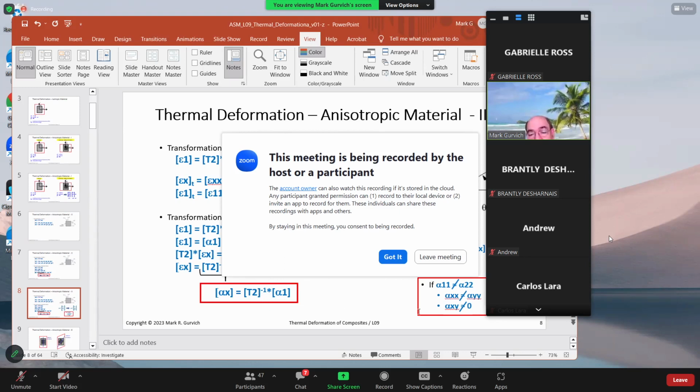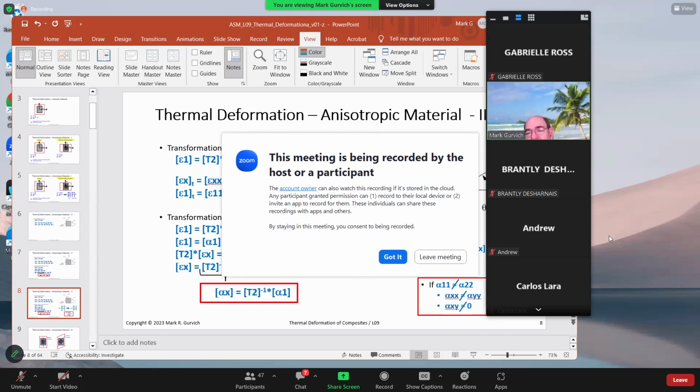So from here, we can draw a very important conclusion. Number one, if for the original material alpha 1,1 is not equal to alpha 2,2, so we have anisotropy of thermal properties, then we will have anisotropy of those properties in almost any coordinate system.